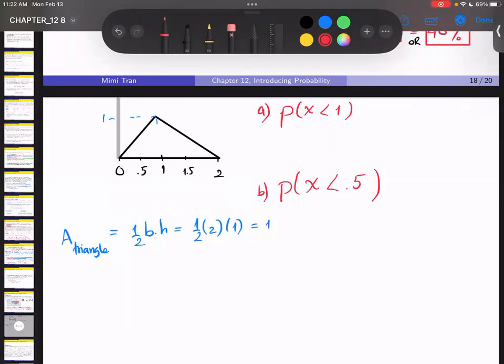I'll tell you what, for this problem, you don't have to use the formula at all. Just use your common sense. What is the probability of X less than 1?